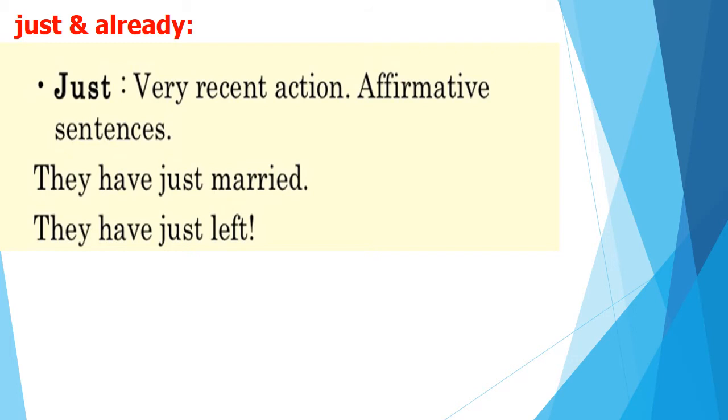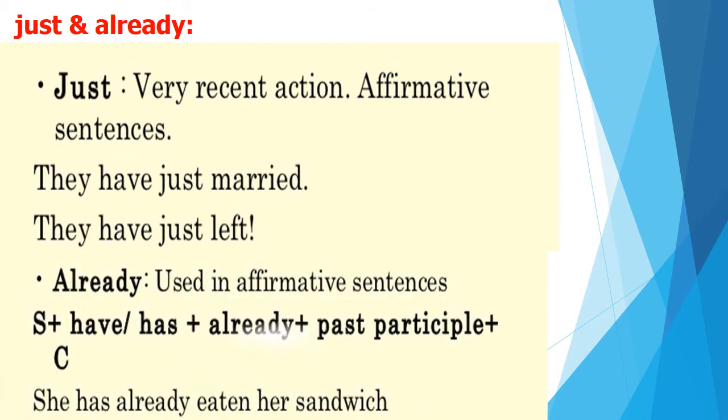The action happened recently. Already is used in affirmative sentences too, between has or have and the past participle. She has already eaten her sandwich. I can also use already at the end of the affirmative sentence. So I can say she has eaten her sandwich already.